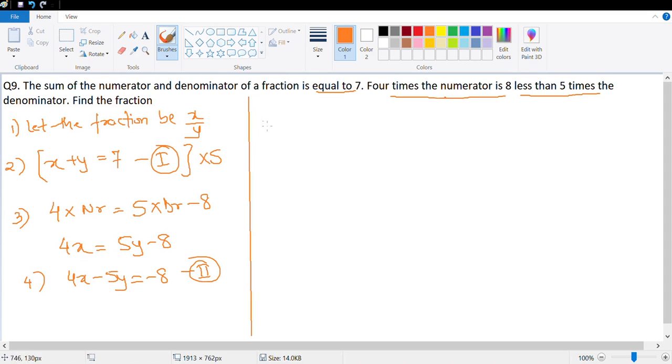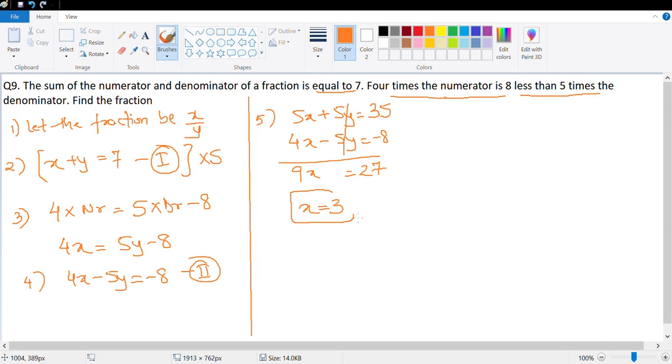So we have 5x plus 5y is equal to 35, and 4x minus 5y is equal to negative 8. This gets cancelled. This is 9x is equal to 27, x is equal to 3. So put x is equal to 3 in equation 1, and we get 3 plus y is equal to 7, which means y is equal to 4.